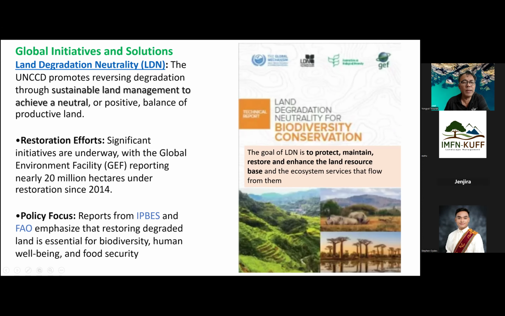This one is quite similar to carbon neutrality, where the amount of carbon emitted from human activity will be similar to the amount we can capture in the ecosystem or the infrastructure. So this one is similar: land degradation neutrality.